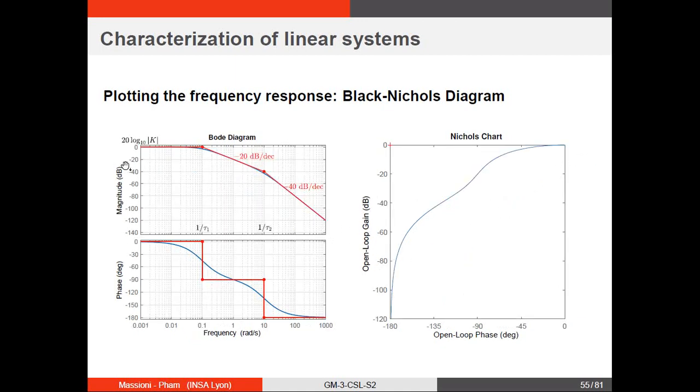Let's see another example. This is another Bode diagram. Do you recognize what kind of system this is? Answer in 3, 2, 1. It is a second order system with psi greater than 1, which means that you have two separate first order terms at the denominator.